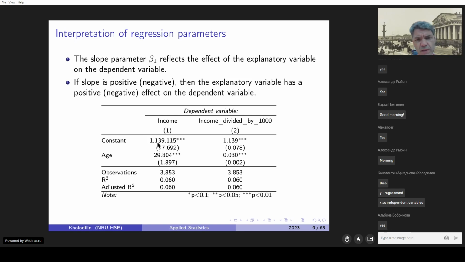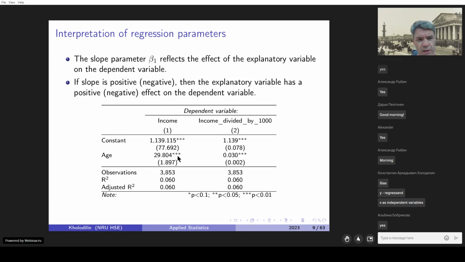So the constant is very big because it's the income of the person with age 0. Well, it doesn't make too much sense, but in the linear model context, it has some sense. So if there's no factor of age, then the income will be equal to 1,100 euros.